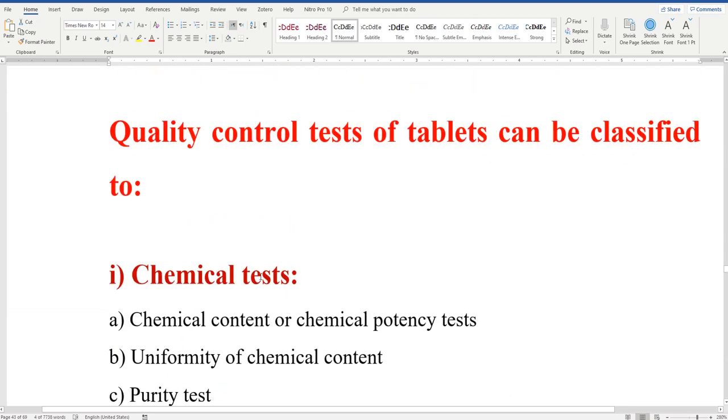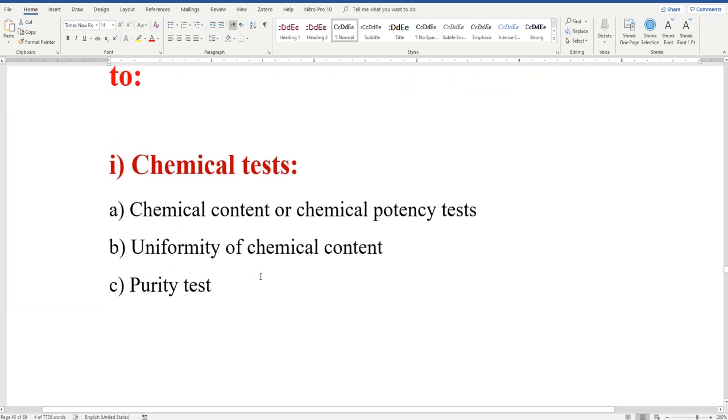Now, for chemical tests, and this is what I will discuss in this part, we have 3 tests that I will talk about. Number 1, chemical content, also referred to as the chemical potency test.